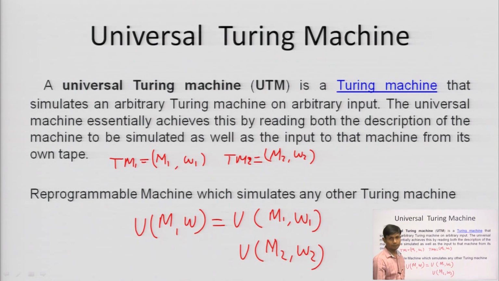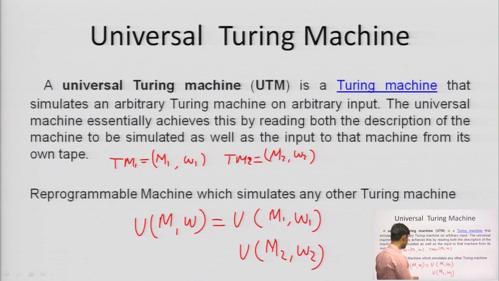You can say this is a combination of all the machines, a programmable machine which simulates any other Turing machine on its own tape. Here M1 is a Turing machine which works on W1, and that can be simulated by the universal Turing machine.